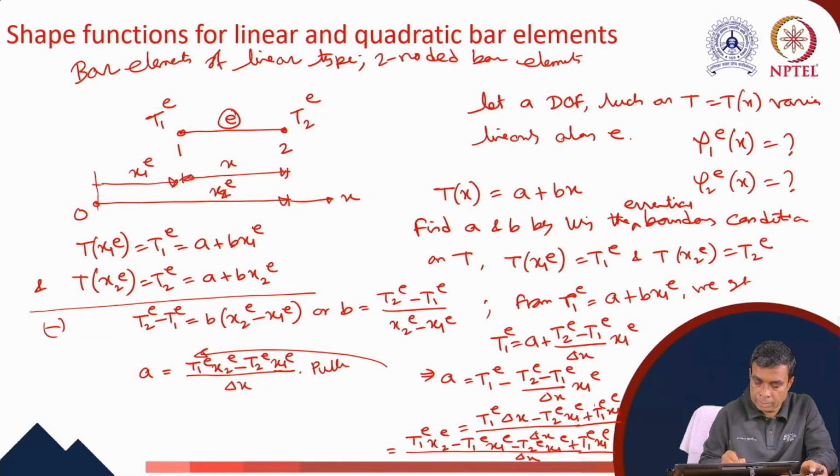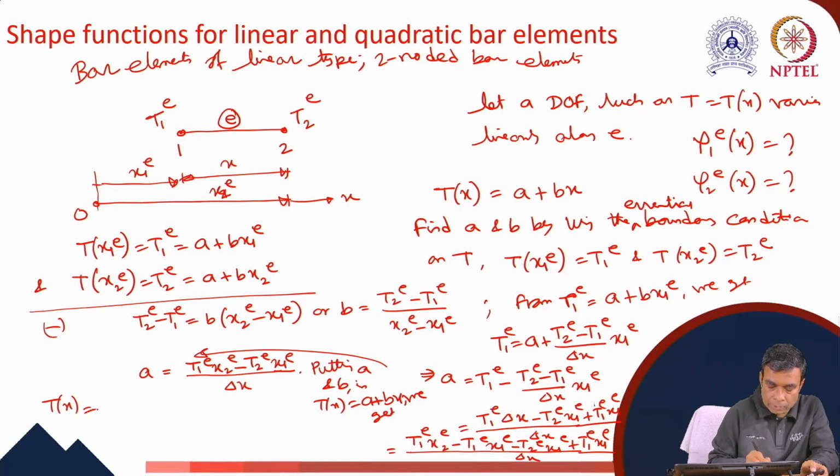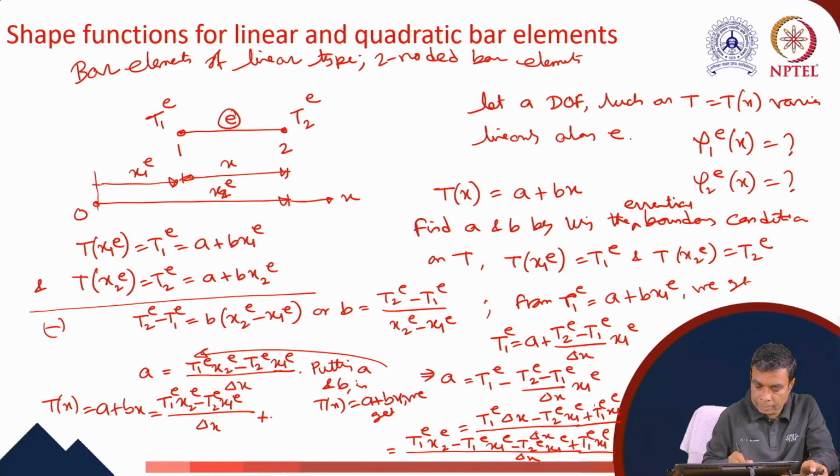So putting A and B in T(x) equals A plus Bx, we get T(x) equals A plus Bx equals T1e x2e minus T2e x1e by delta x, plus our B was T2e minus T1e by delta x, into x.